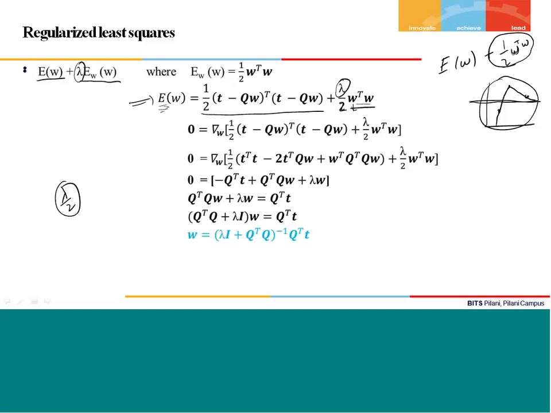When I'm doing matrix calculus on it, again I'm multiplying it. So I get this expression T transpose this, plus this. When we are differentiating it with respect to W, this goes away. This is a constant, right? And this T transpose Q gets converted into Q transpose T. This 2 goes outside.